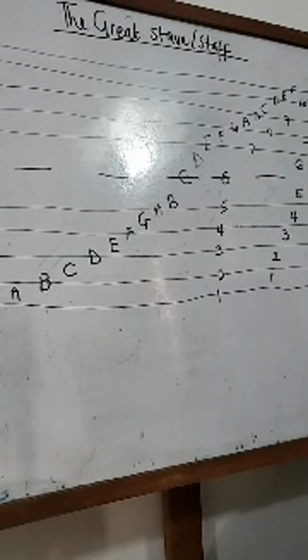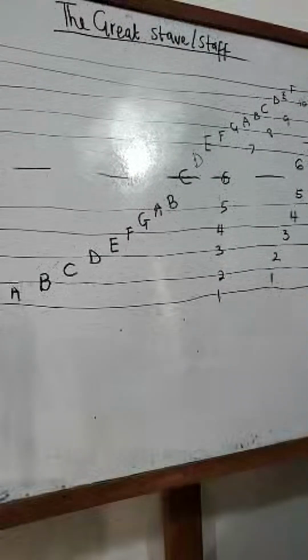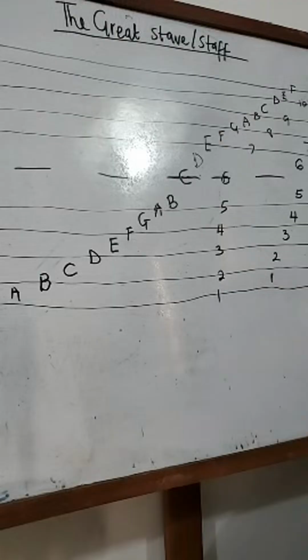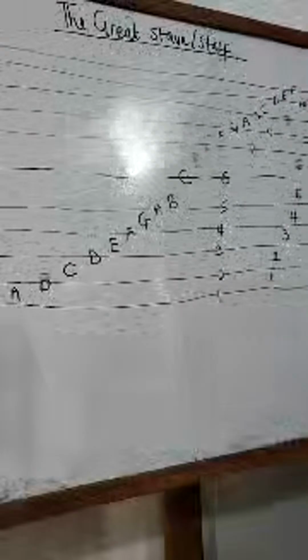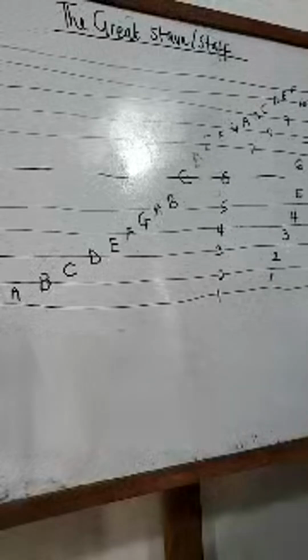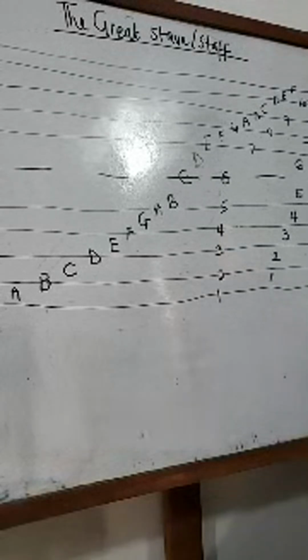Okay. This is the great stave or staff. The piano makes use of the great stave. When you are playing with your four fingers, you make use of the treble and the bass stave, which is called the great stave or the great staff.